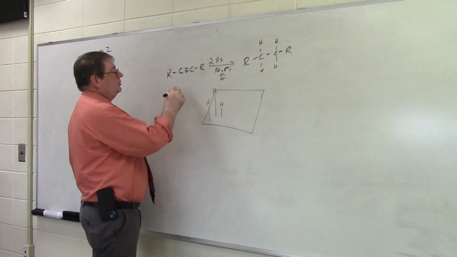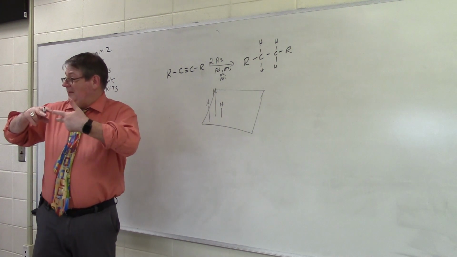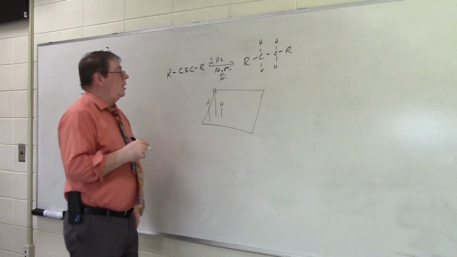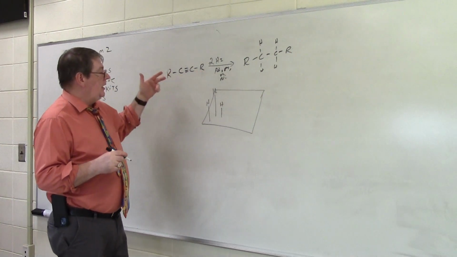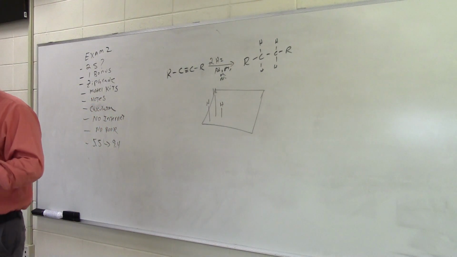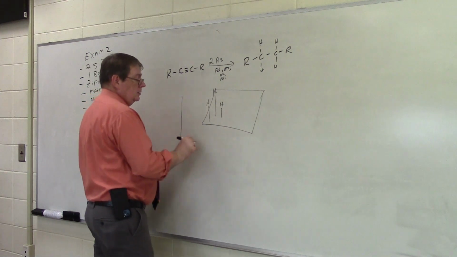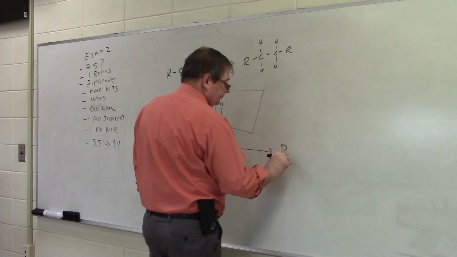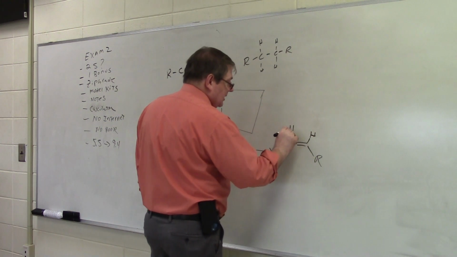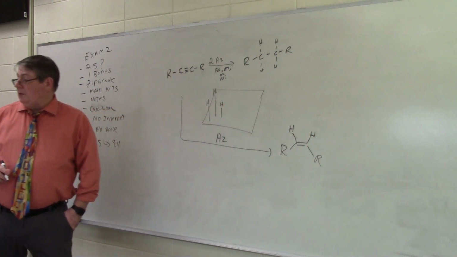But what you have here is 2 double bonds, just happen to be 2 double bonds, if you want to think of it that way. 2 pi bonds, I should say. You can reduce the first one, but it will also reduce the second one without stopping. That's what palladium does. Now you can reduce an alkyne to an alkene and stop there, just adding 1 mole of hydrogen, but you have to use a special catalyst. You remember what that is? Lindlar.